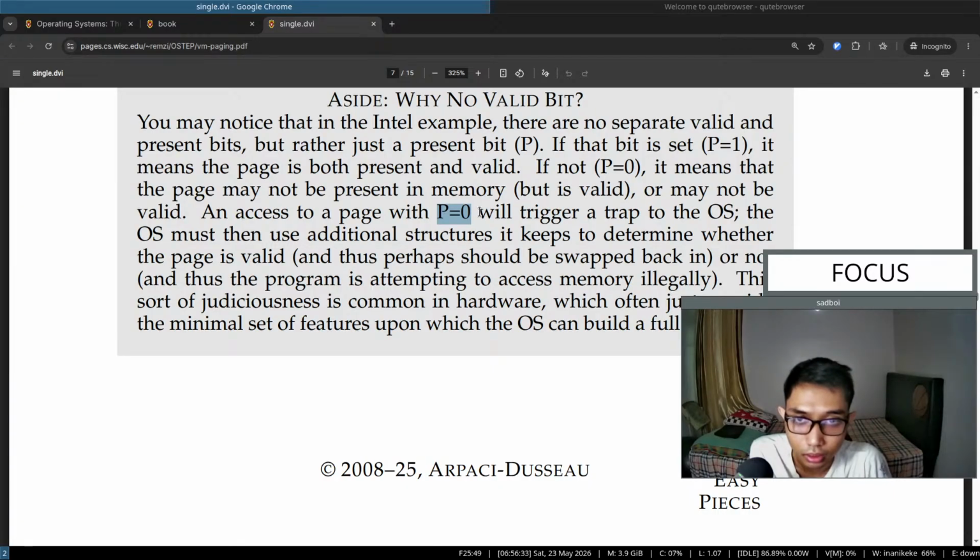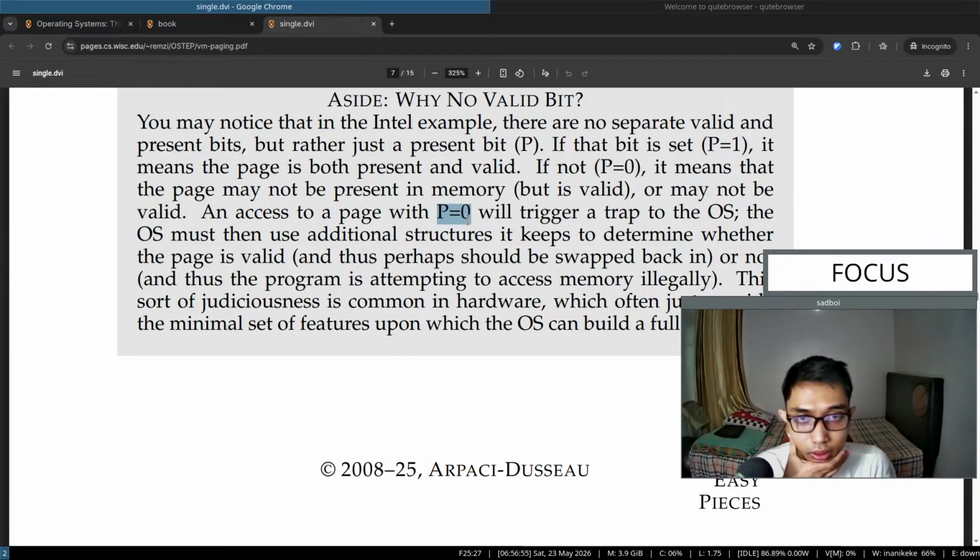Maybe. So when P equals 0 here, it can be that we haven't connected the virtual address with the physical address.